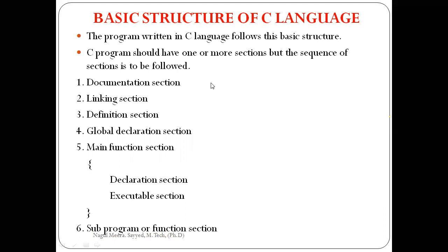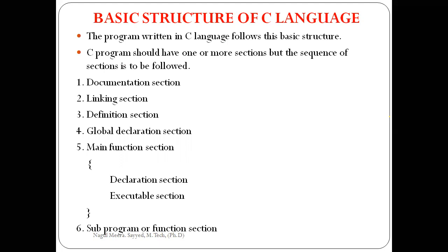Okay. Basic structure of C language. The program written in C language follows this basic structure. So a C language program must consist of a structure. The structure is nothing but the basic structure. A C program should have one or more sections, but the sequence of sections is to be followed.